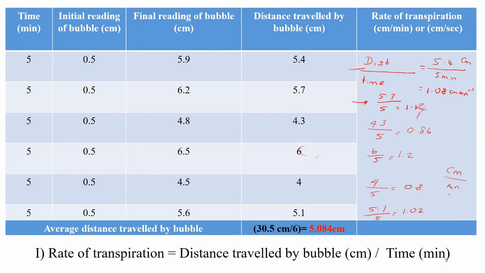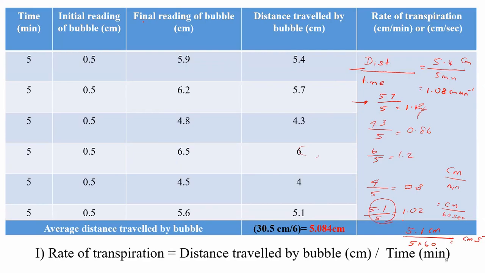We can also go for centimeter per second, since 1 minute equals 60 seconds. For example, for this one, 5.1 centimeter over 5 times 60 gives centimeter per second. If you calculate this, you get the reading. So this is the calculation part.